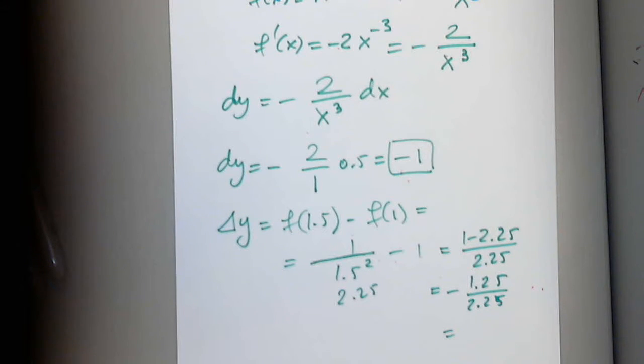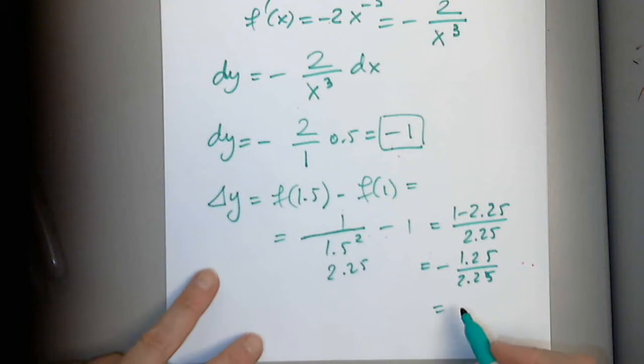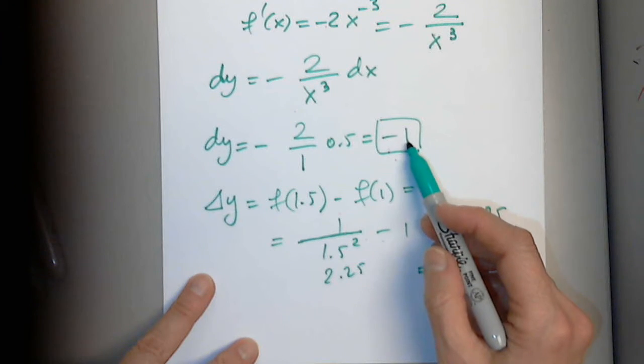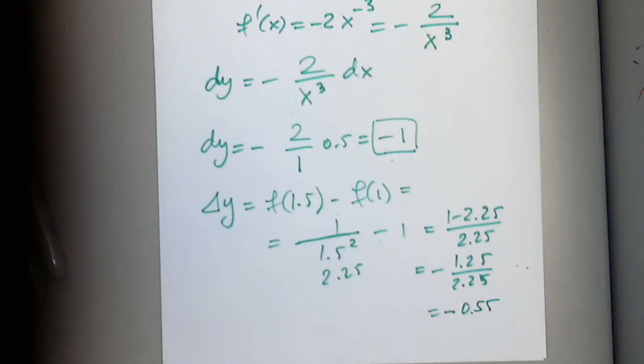Okay. So 1.25. How much? Hold on. Yeah, the approximation so we can compare to -1. Yeah, -5/9. Or 0.55555. Good. Okay, that's what it is.